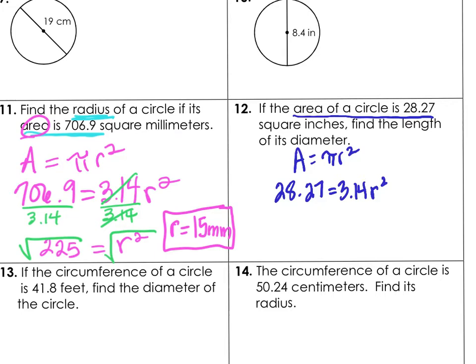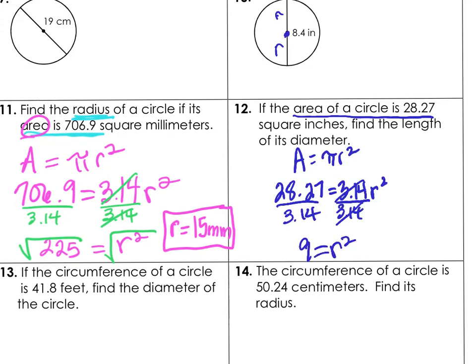Well, remember that your diameter is just twice your radius. So when we find our radius, we'll just multiply by 2. Divide by 3.14, divide by 3.14, cancel, cancel, and we get 9 equals r squared. You don't need a calculator for this.